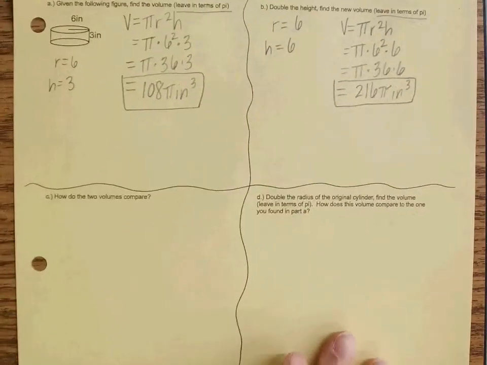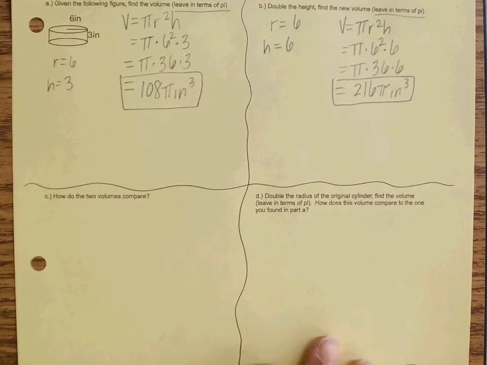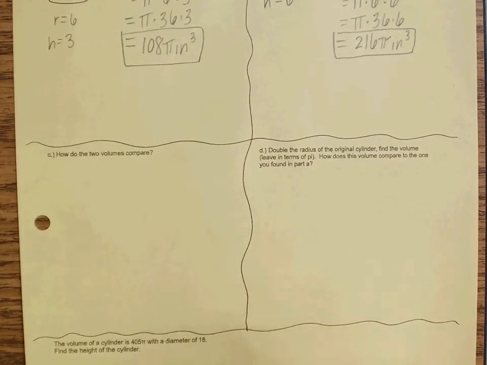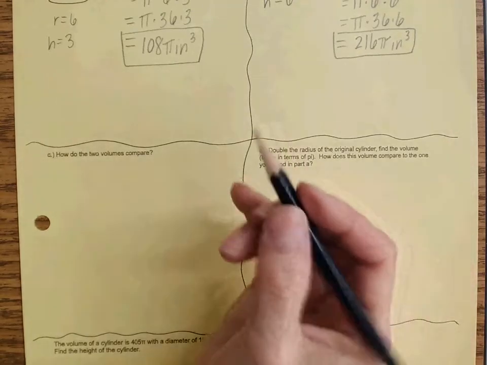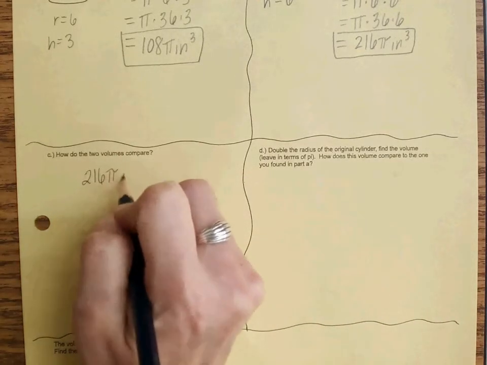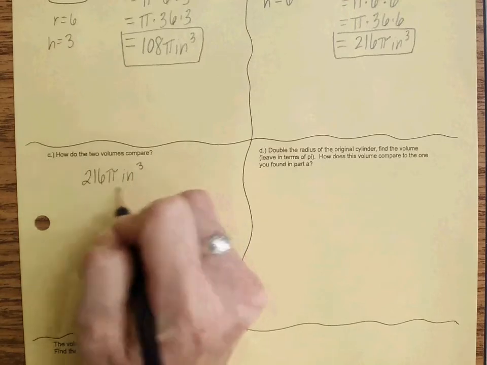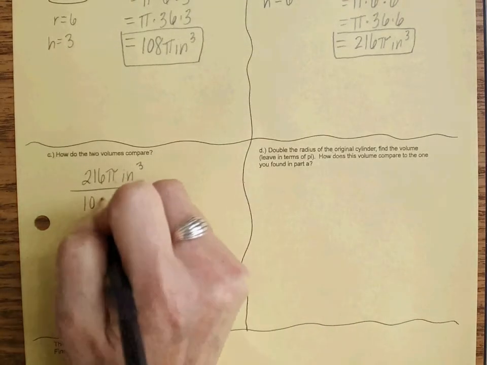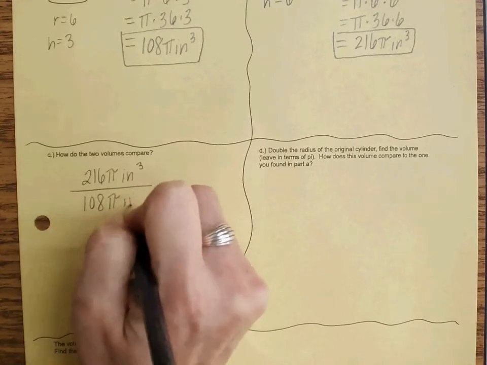Part C says, how do the two volumes compare? So there's lots of ways to compare. Okay. What we're going to do is, one way to compare is to divide. We will go ahead and take 216 pi inches cubed divided by 108 pi inches cubed.